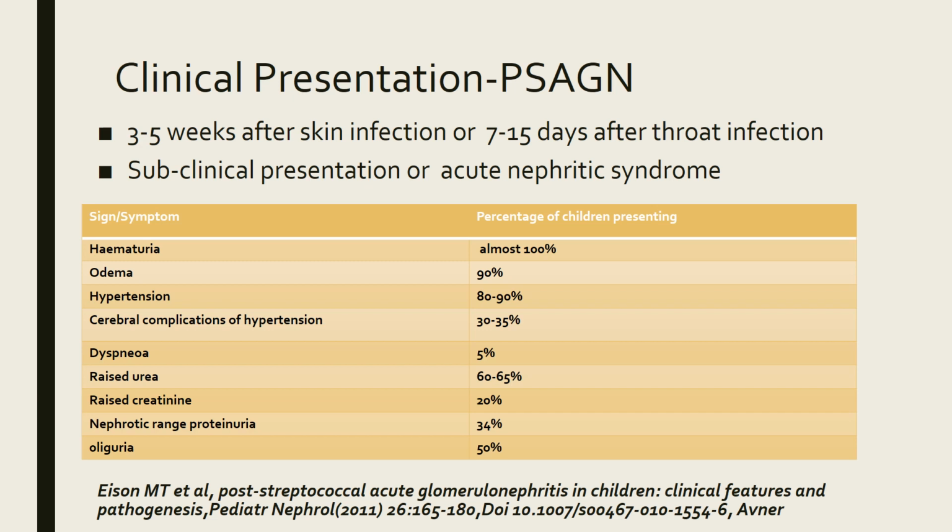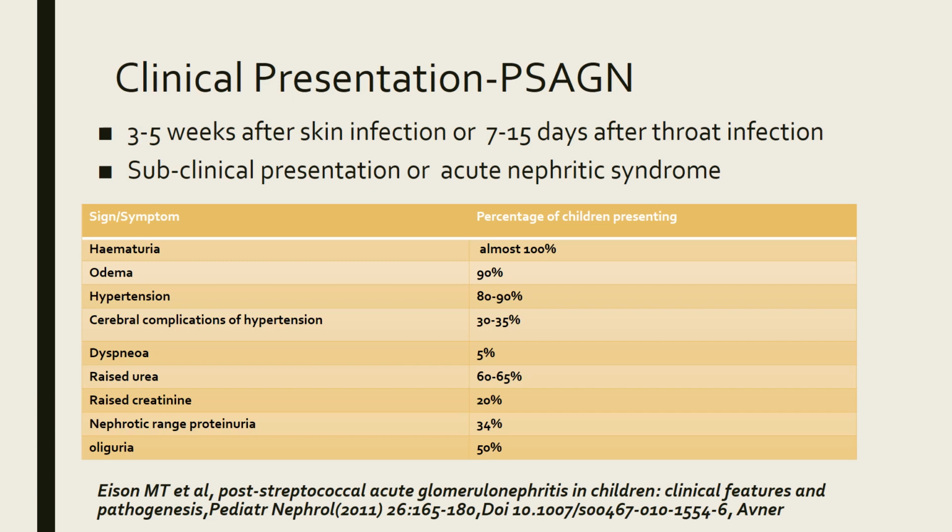So this paper gives us an estimate of the proportions of patients with this glomerulonephritis that present with each of these features. So almost everyone, that's why we say it's the hallmark of post-strep glomerulonephritis or the nephritic syndrome, had hematuria. Edema was noted to be present in 90% of patients.